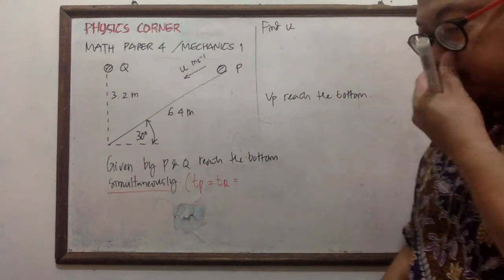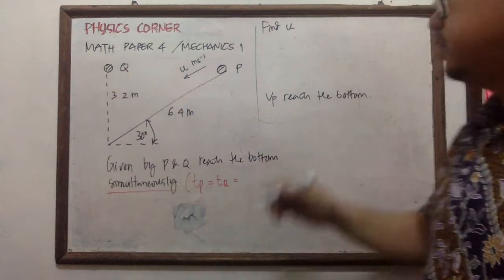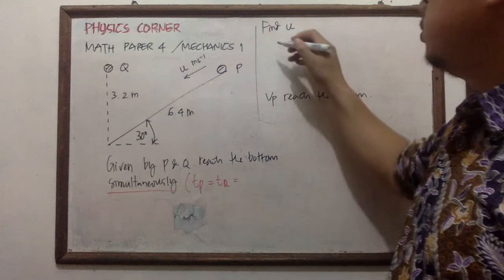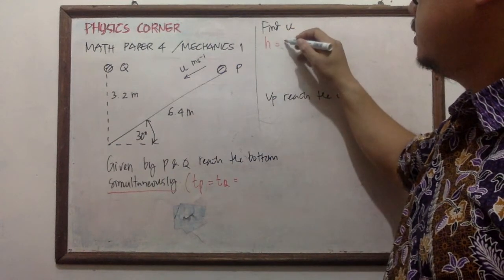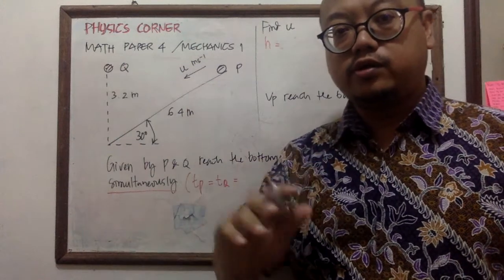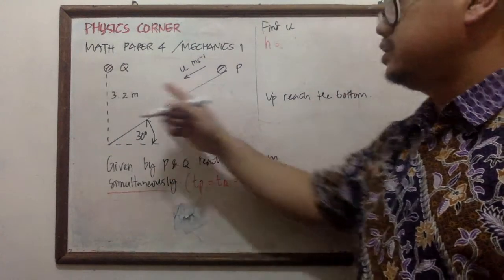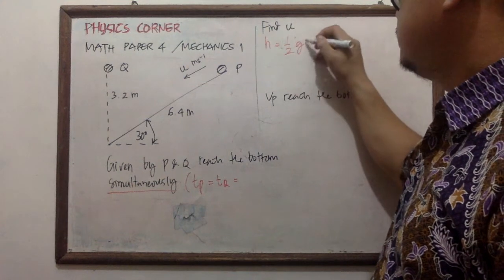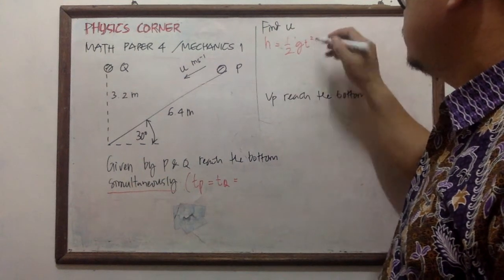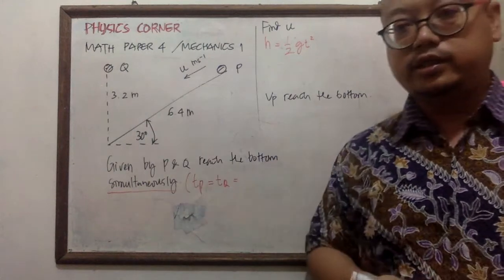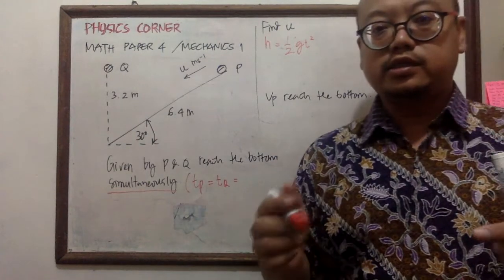Start from particle Q, which has height 3.2. Because Q has no initial velocity, we can say its initial velocity is zero, so s equals half of g t squared. The acceleration of Q is only g, let's say around 10.